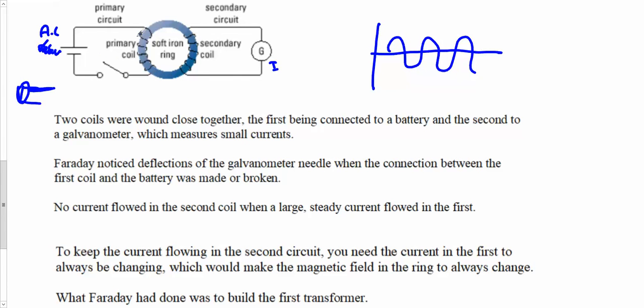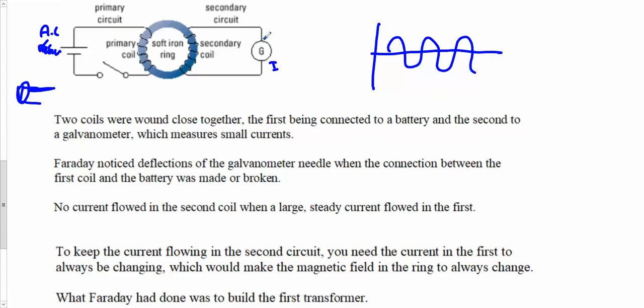The current over here is always changing, therefore the magnetic field in the ring would always be changing, which means I would always be making current in this secondary coil. And so that is why we use AC current, because it magically allows us to make current flow in this second circuit. How we use this idea will be a topic for another time, but this is the reason why we use AC current.